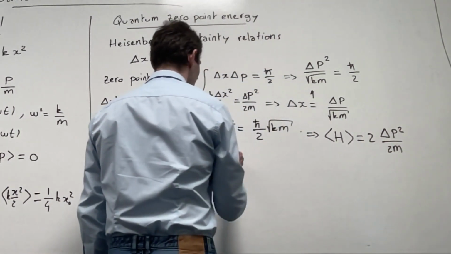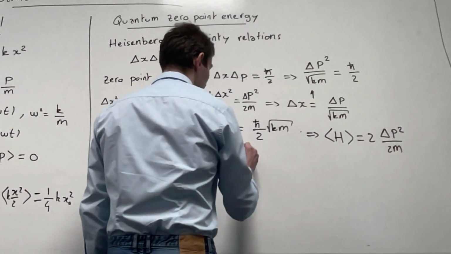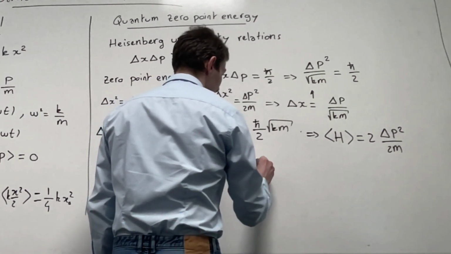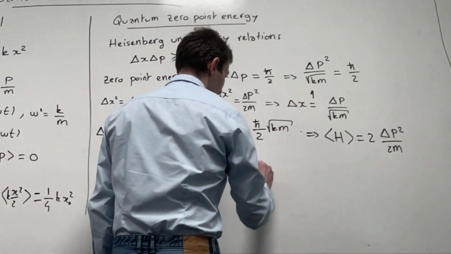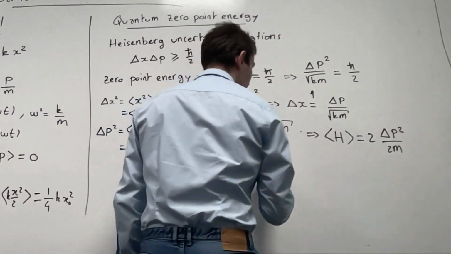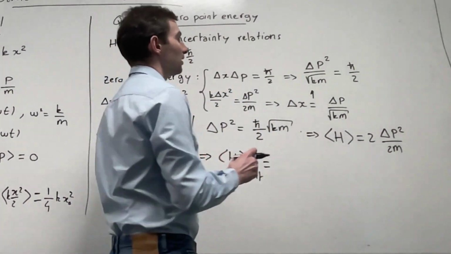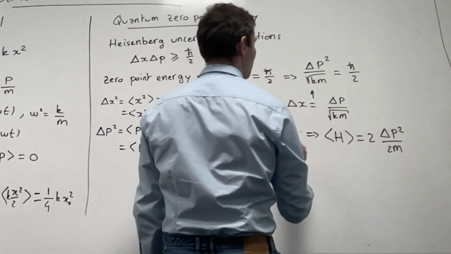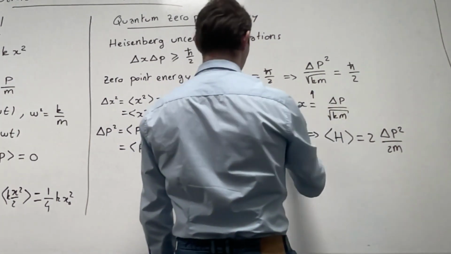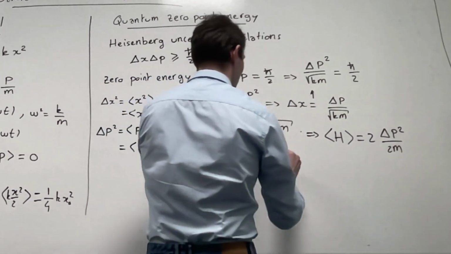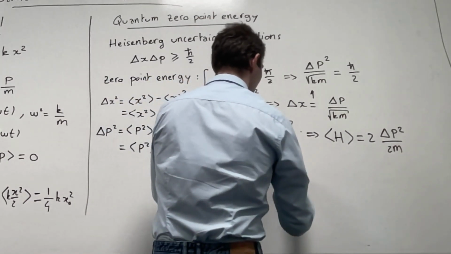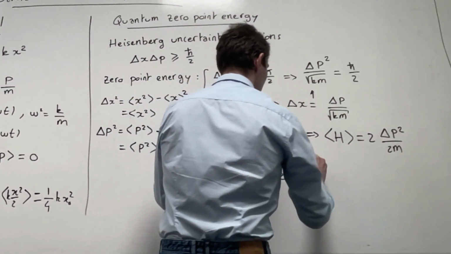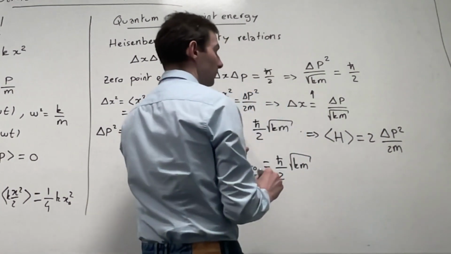And so I'm getting that H, and here I'm going to put 0 point to say that this is the quantum fluctuations, is going to be, here I've got h bar, so delta p squared is here. So I've got h bar over 2 times km, and then divided by m.